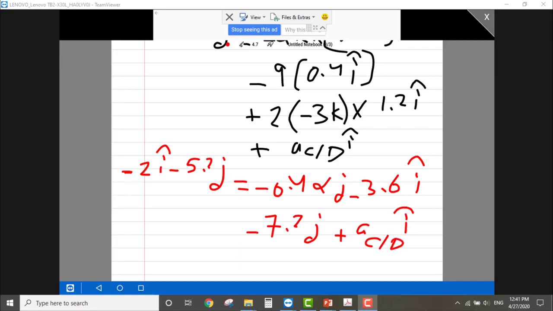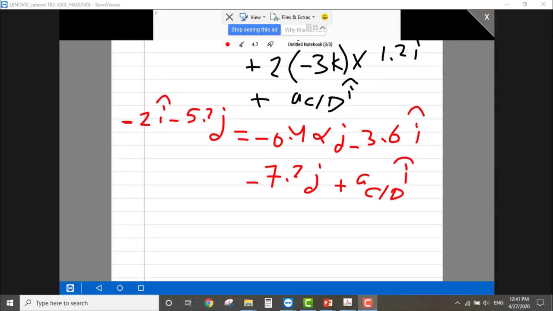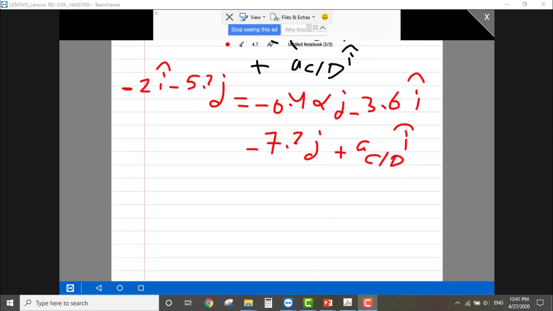So in this equation, you can tell easily that we have only two unknowns. We'll start with the J equation because we care only about alpha. No need to find AC with respect to D, but if you find it, it will be good. In the J equation, on the left side we have minus 5.2, and on the right side we have minus 0.4 alpha and minus 7.2.